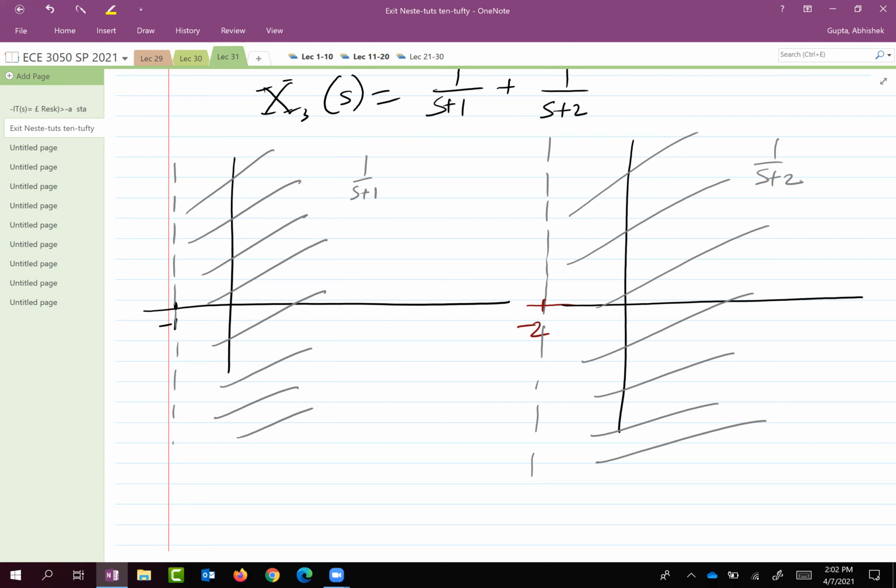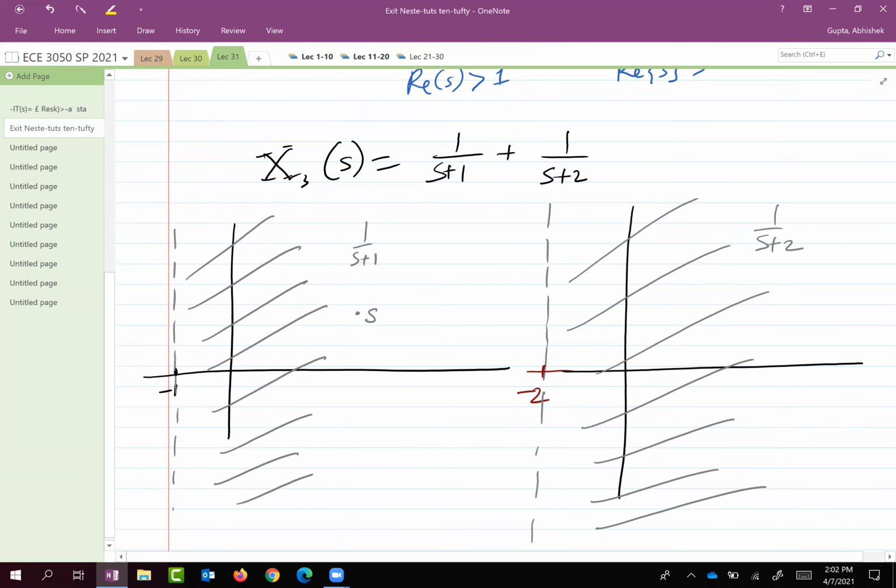I can pick any point s in this region of convergence, and the function would be well defined with that particular value of s. So when I'm summing up the two Laplace transforms, I want to make sure that for every s that I pick in the region of convergence, the Laplace transform is well defined. Would it be real of s greater than -1?